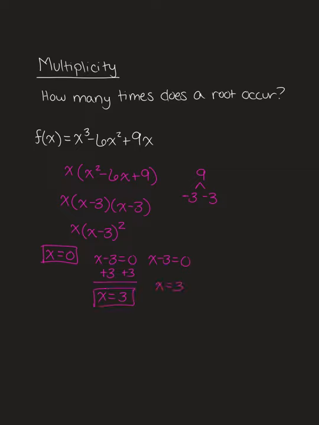You're going to get x equals 3 again. So your roots are x equals 0 and 3, but at the 3 there is a multiplicity of 2. That root happens twice, and you know that it happens twice because of this squared here. Okay?